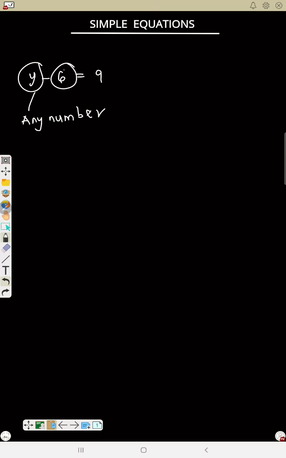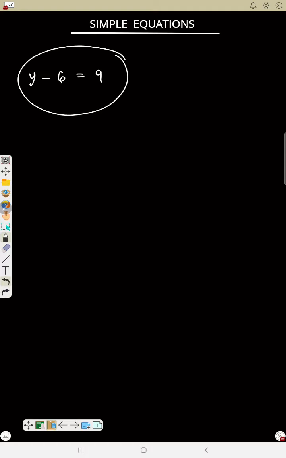That is the meaning of this equation. So it means when 6 is subtracted, because we have minus, from a certain number, then it gives 9. That's the meaning.